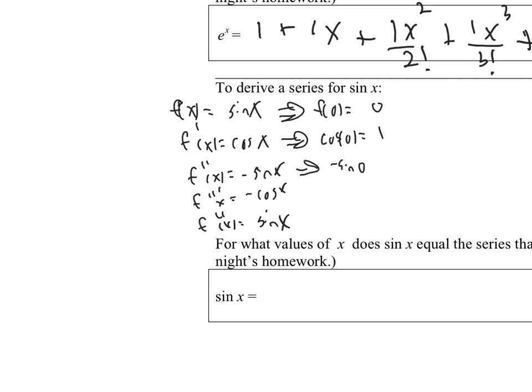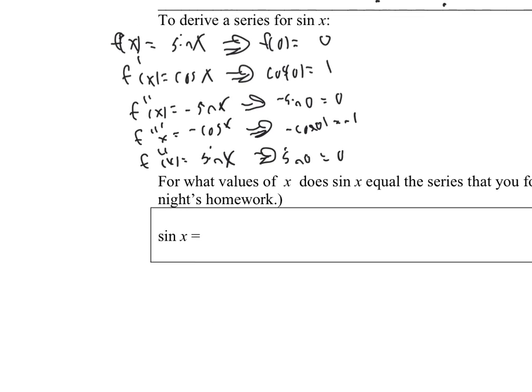Negative sine of 0 is 0. Negative cosine of 0, negative 1. Again, starting all over, sine of 0, 0. We could keep continuing.